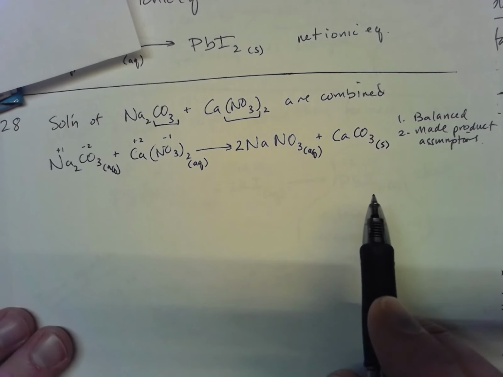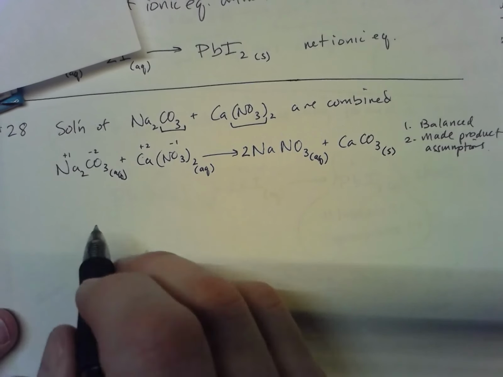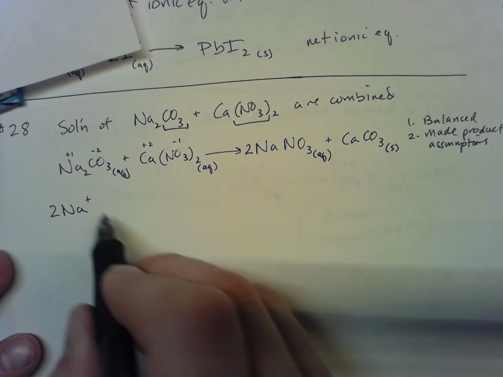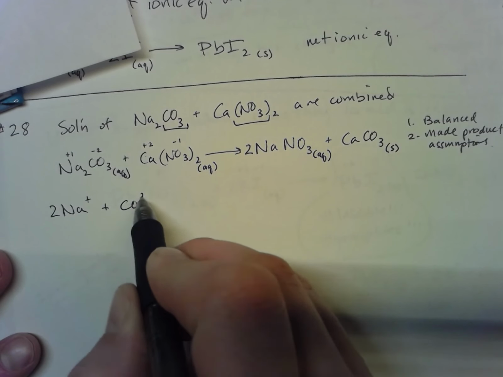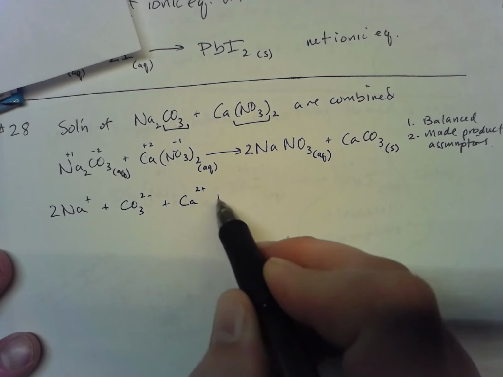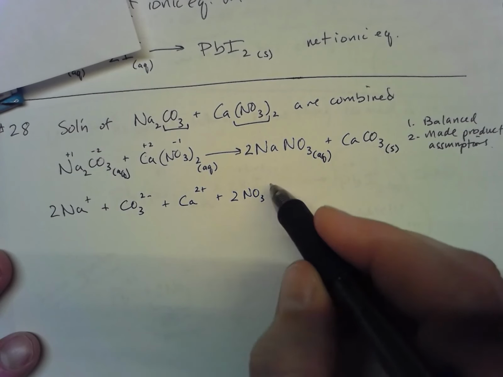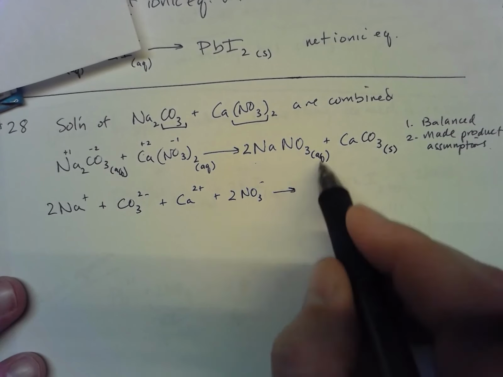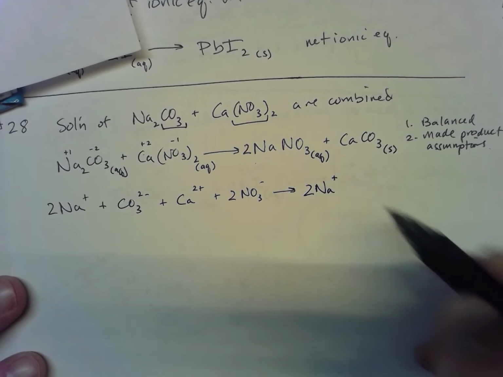So we wrote the balanced molecular equation. Now we're going to write the ionic equation. Okay, so what is going to happen here? We're going to end up with 2 Na plus and 1 CO3 2 minus and 1 calcium 2 plus and 2 nitrates minus, and this is aqueous, so it's still floating around as ions.